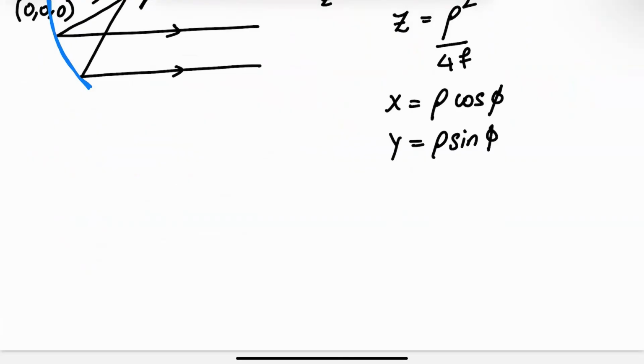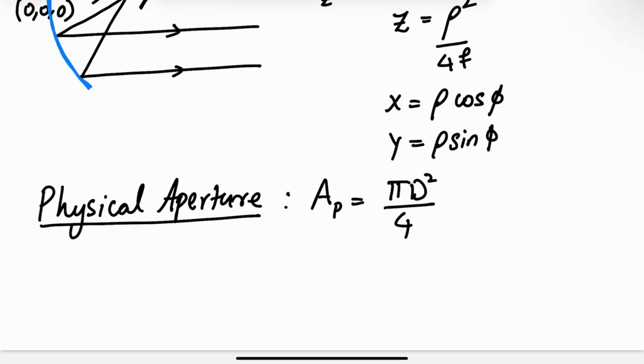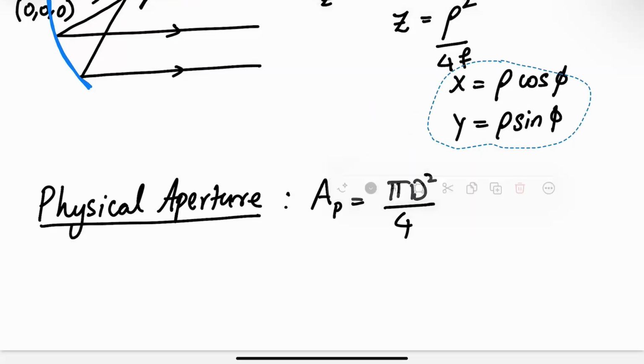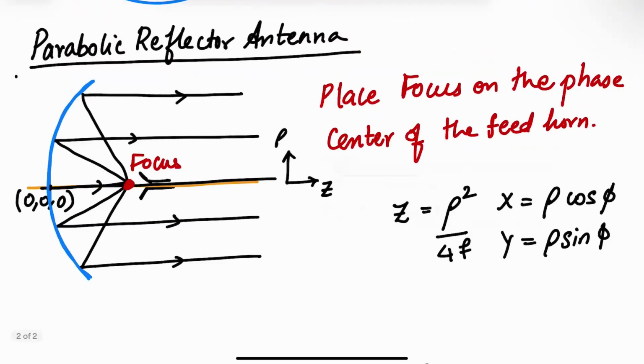The first thing is the physical aperture, AP, and that's nothing but pi d squared over 4, where d is this diameter. So this diameter is called d.